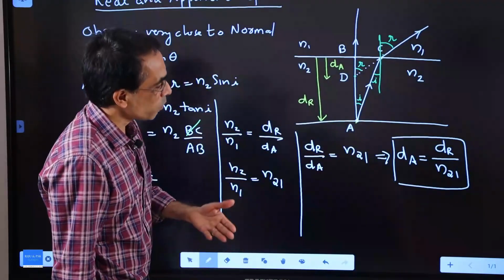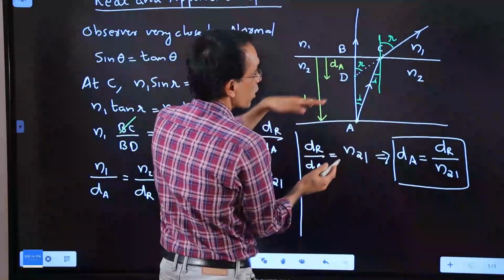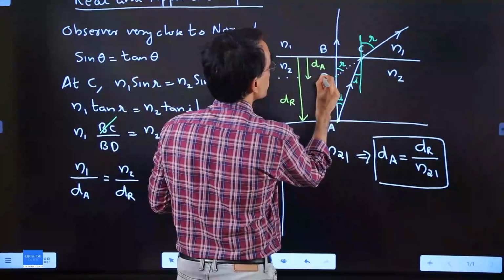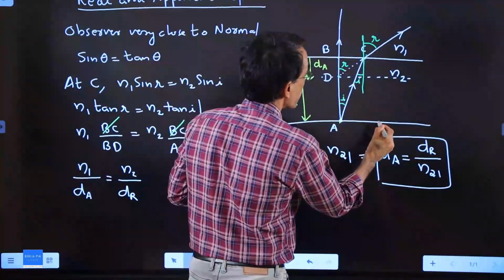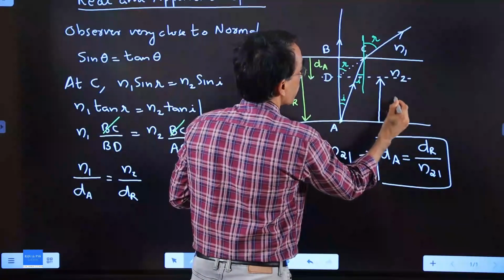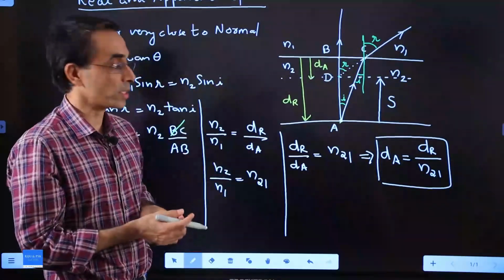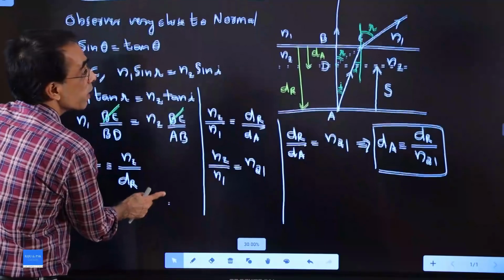Fine. Now one more point can be asked. The bottom was here. But see, every point on the bottom will appear here. This is where the floor of that pool will appear. So the floor has gone upward by a value s. This is called the shift produced by refraction. How to calculate this shift in the bottom?